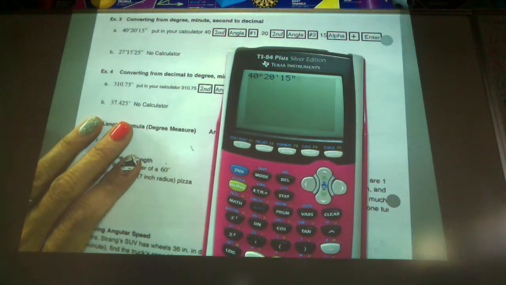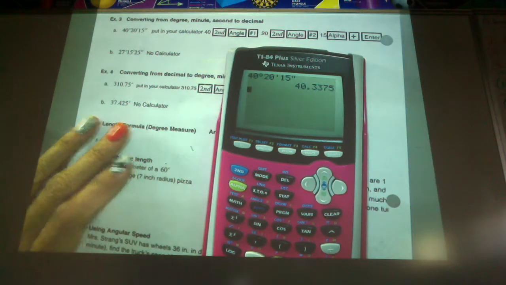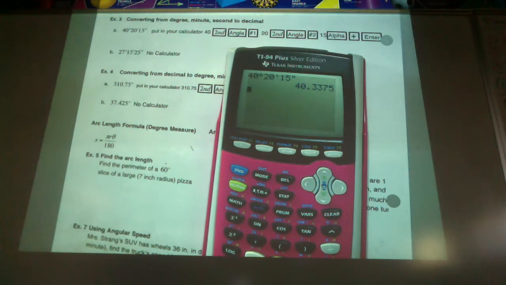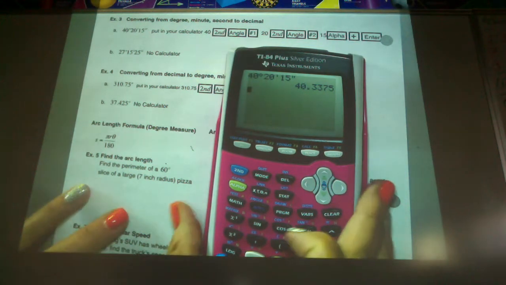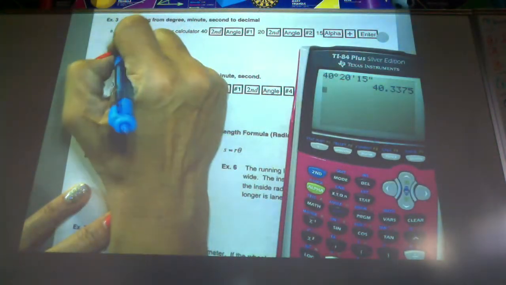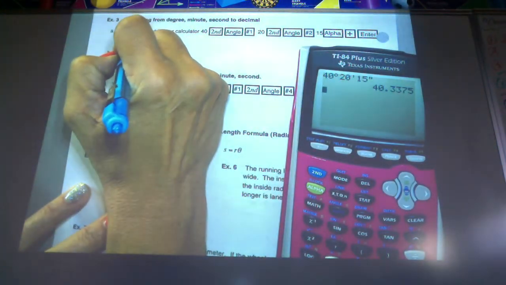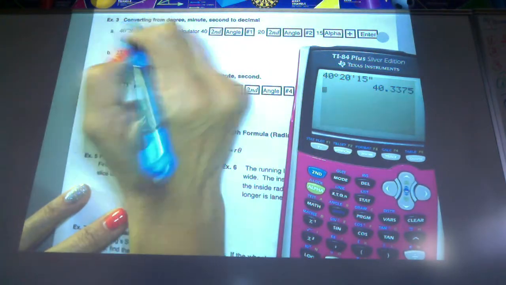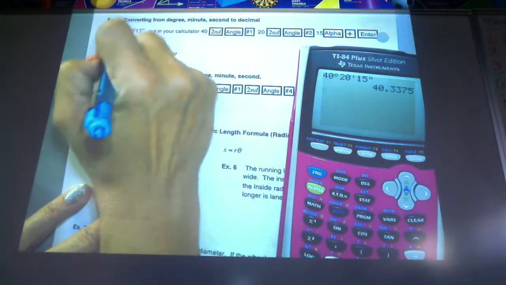And then if you hit enter, they may not get that on their calculator. Okay, because you're going to reach a point today that you won't get something, and we'll explore why that is. So this answer is 40.3375 degrees. So that's on the calculator.